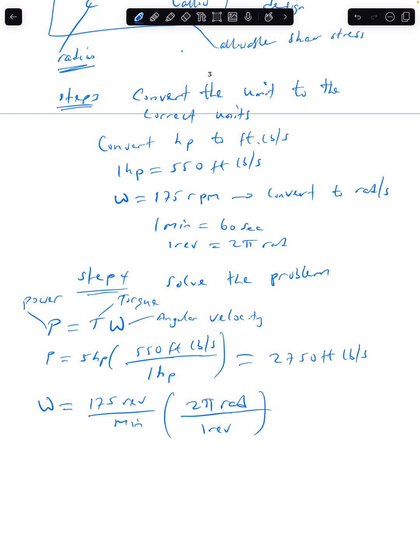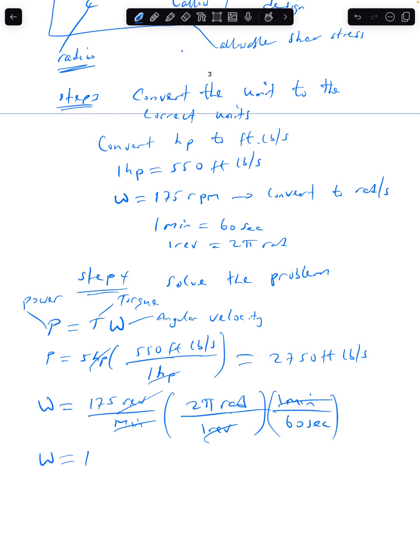And what is 1 minute? 1 minute is equal to 60 seconds. And therefore this minute and this minute will cancel, and revolution will cancel, same as horsepower and horsepower cancel.